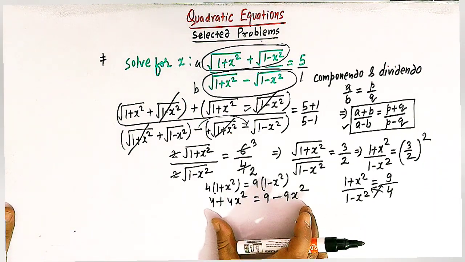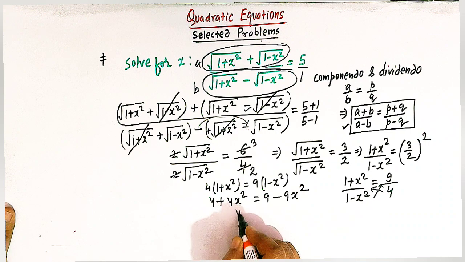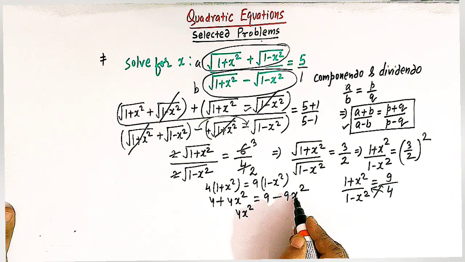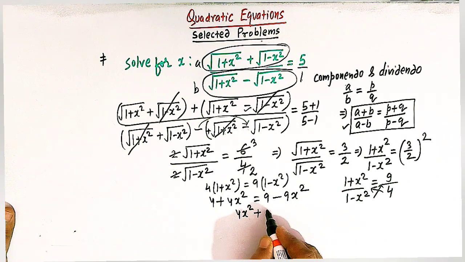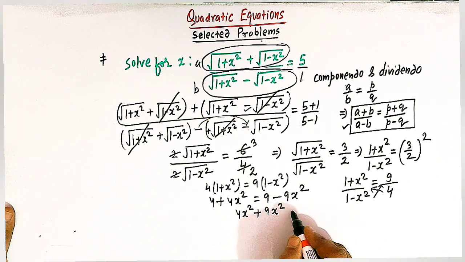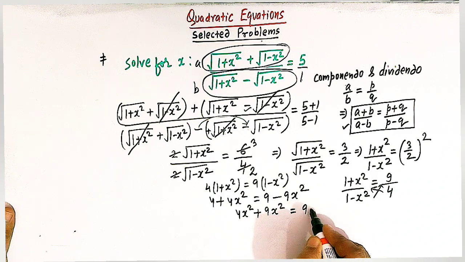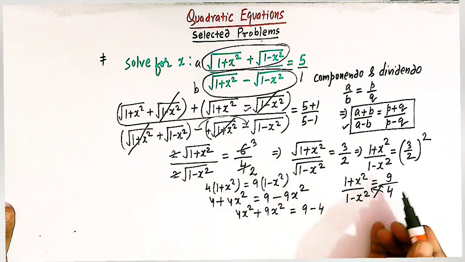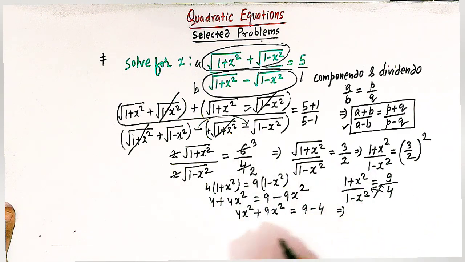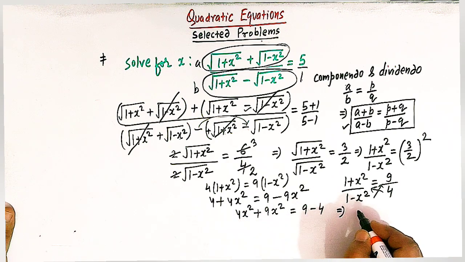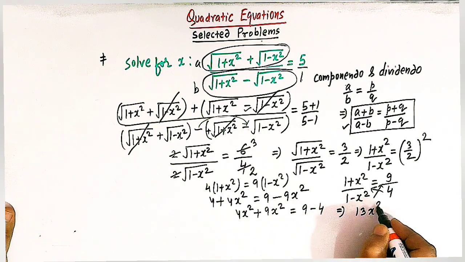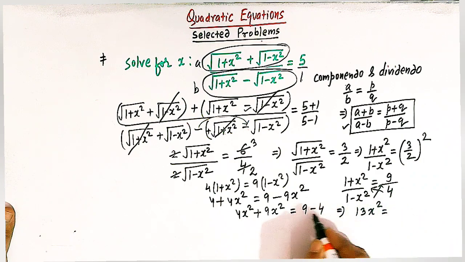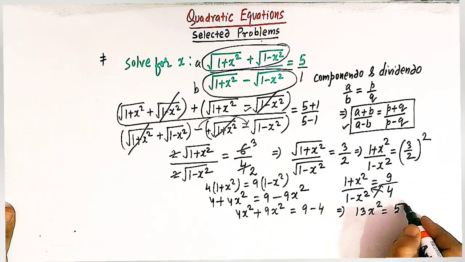Let us rearrange the terms. Taking minus 9x square to the left hand side, this is plus 9x square, so we have 4x square plus 9x square, and taking 4 to the right hand side, we have 9 minus 4. So now we have 13x square on the left, and on the right 9 minus 4, that is 5.